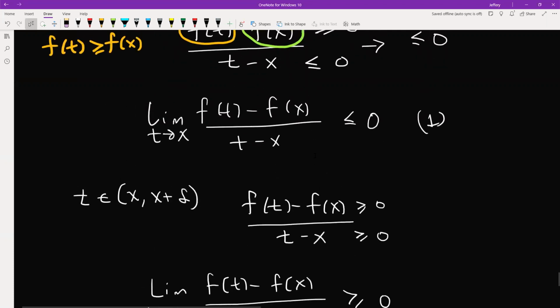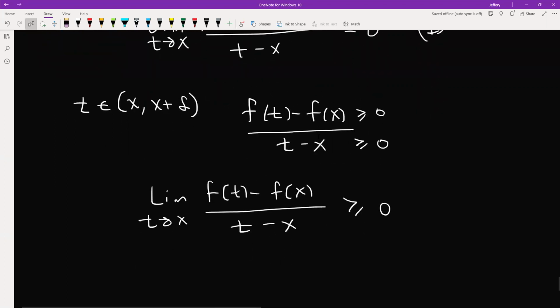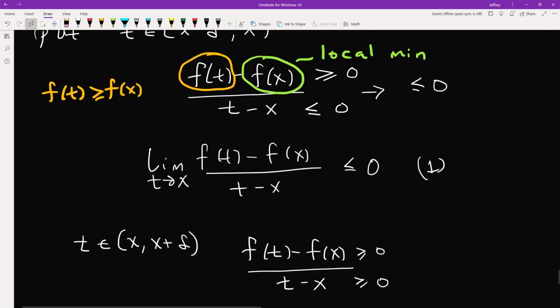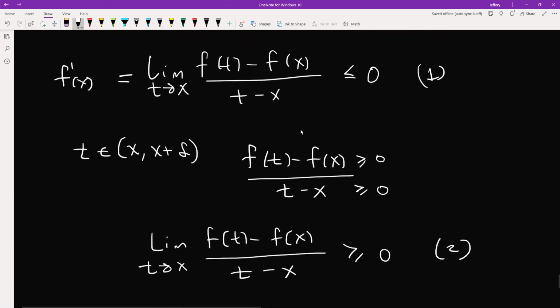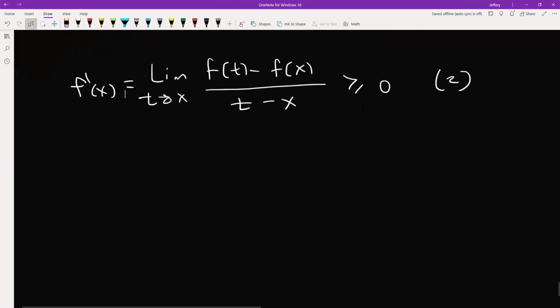So, okay, what did we just show? Let me just say it like this. Looking at 1 and looking at 2, this is f prime of x, and this is also f prime of x, right? So what do we get?